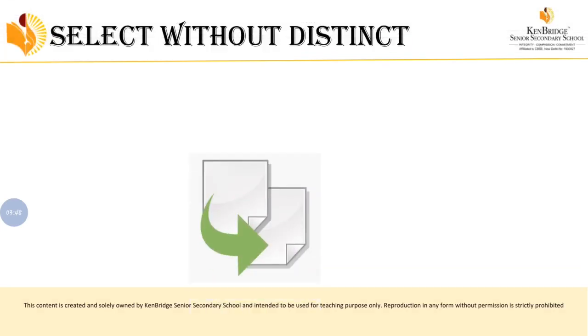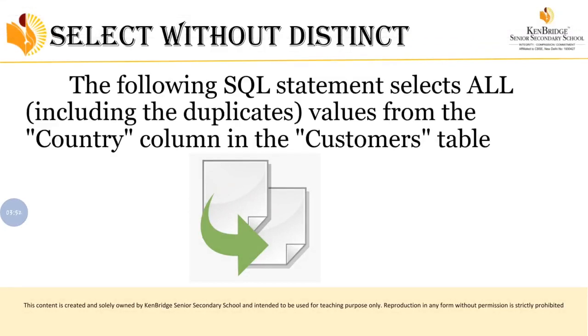So here is a statement. We know that distinct means it is used to retrieve the different items, that is, distinct values. But without distinct there will definitely be duplicate values. So this picture denotes a duplicate, I mean a copy of the same.